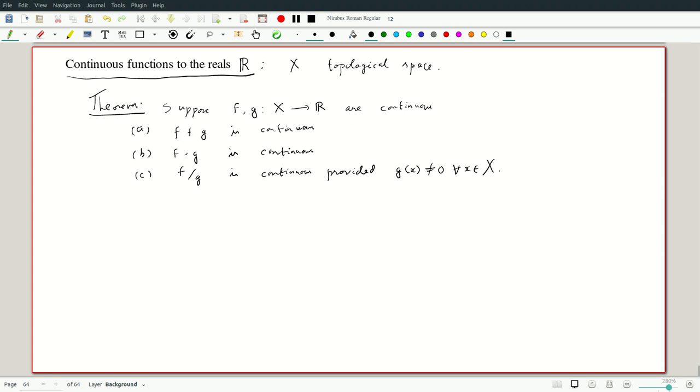By the way, if you wonder about difference, that is a combination of negation and sum, so let me just make a remark.